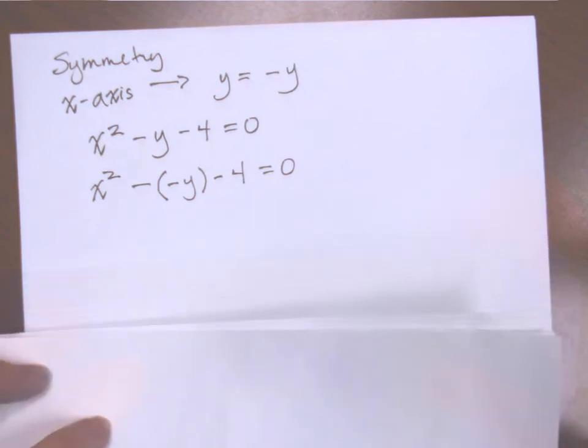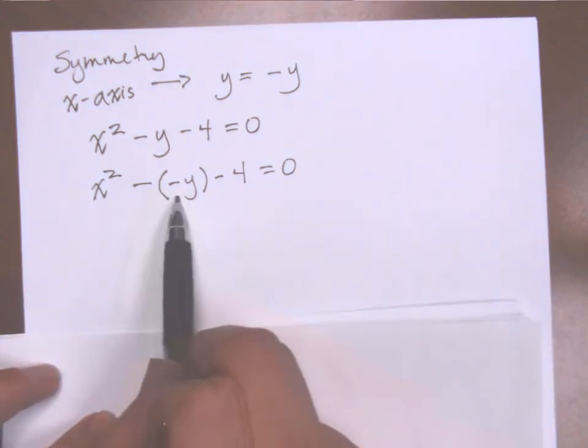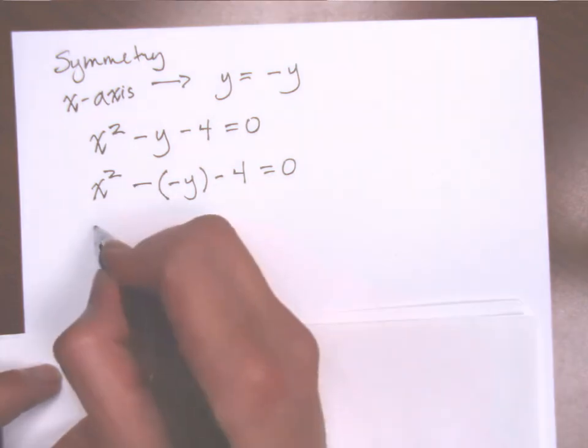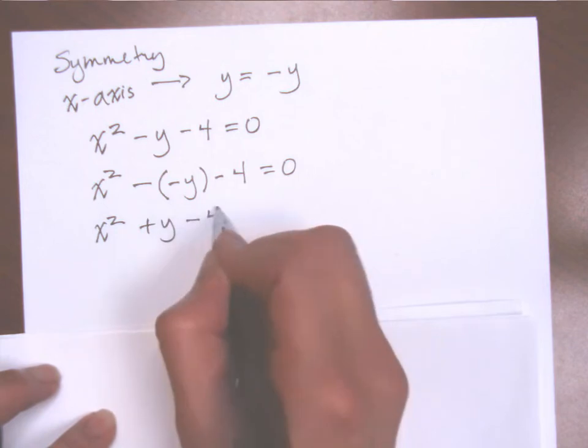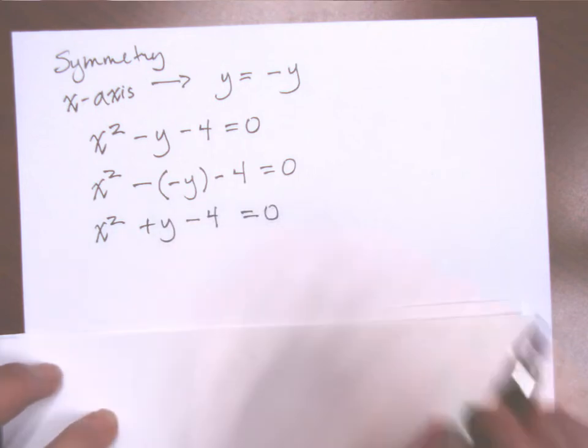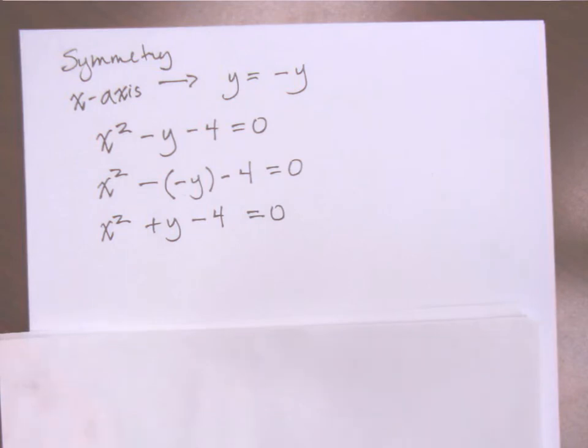I'm going to keep simplifying. The double negative property tells me that this is really addition. So I'm looking at x squared plus y minus 4 equals 0. I have nothing else to do here. I'm not being asked to solve for either one of my variables. I'm being asked to test for symmetry.